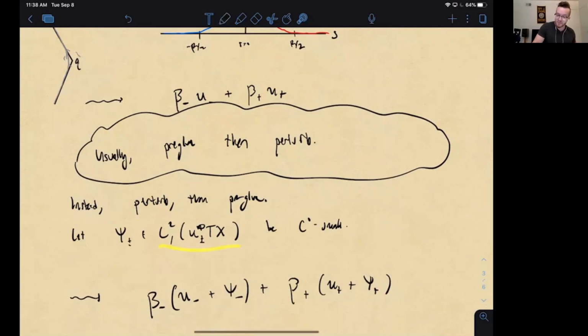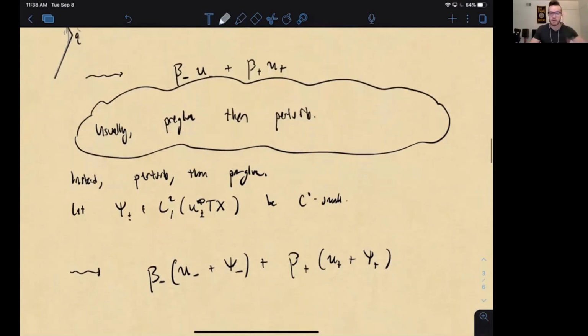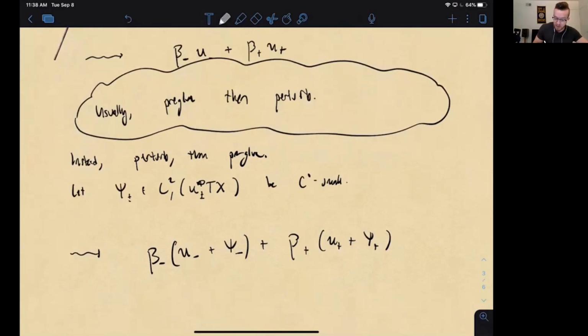So what I actually mean here, and I'm just going to suppress this notation again to be consistent with the references, but really what we probably actually mean is, I take an exponential map along U minus in the direction of psi minus.